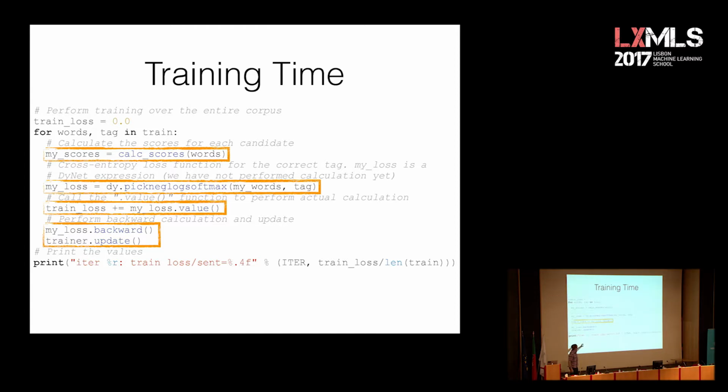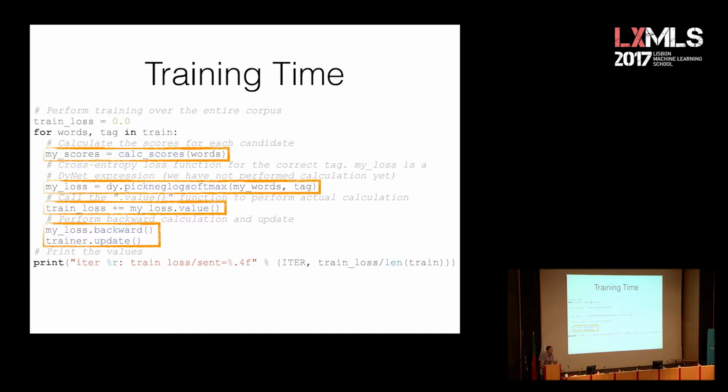So up until the previous line here, we actually haven't done any computation. We've just defined the computation that we want to run. And then on this line is when we actually go through and run all of our computation. And this is actually important because it allows us to do on-the-fly optimization of our graphs, which is the thing at the end of the talk. But I'll explain this in a little bit more detail later.